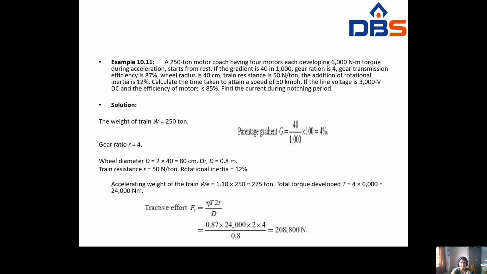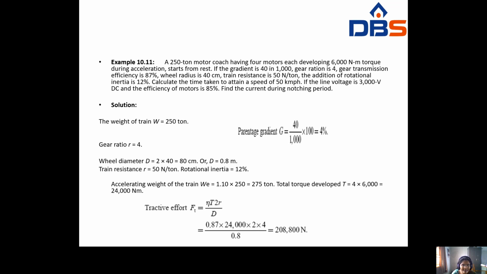Now here you have to see one problem on this tractive effort. A 250-ton motor coach having 4 motors each developing 6000 Newton meters torque. So the weight of the train is 250 tons, having 4 motors each developing 6000 Newton meters torque.